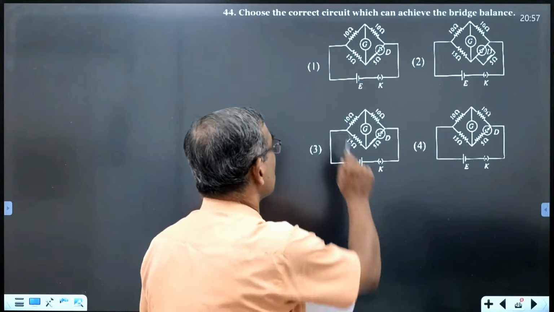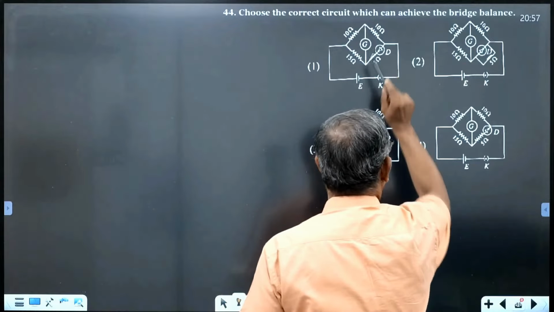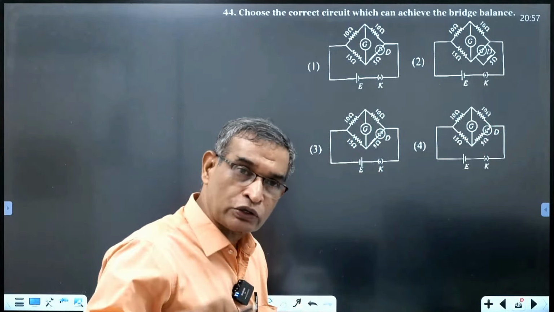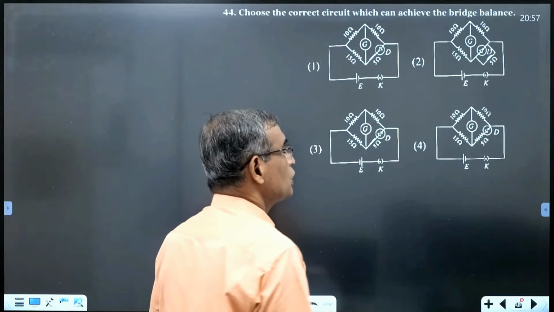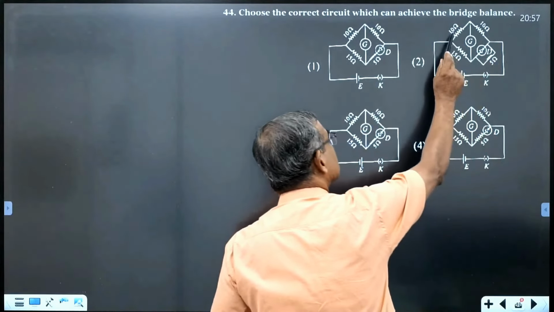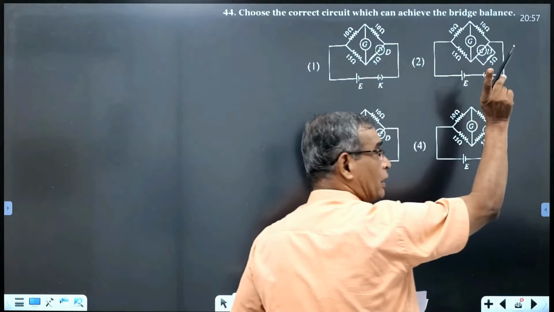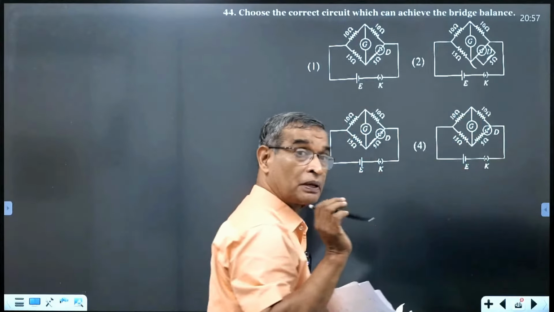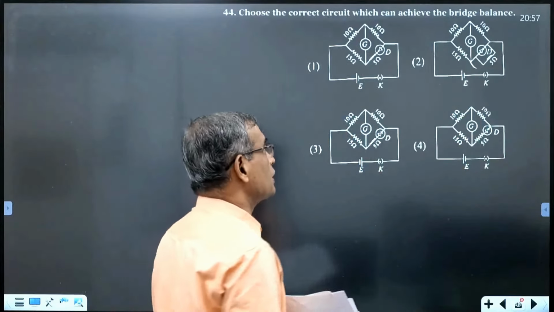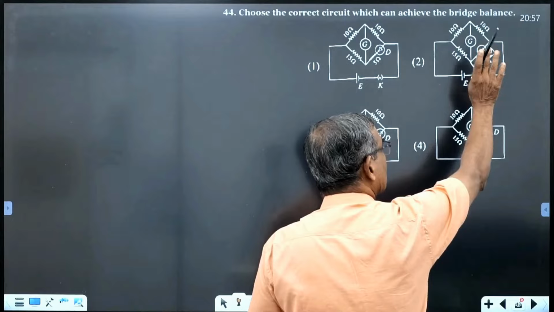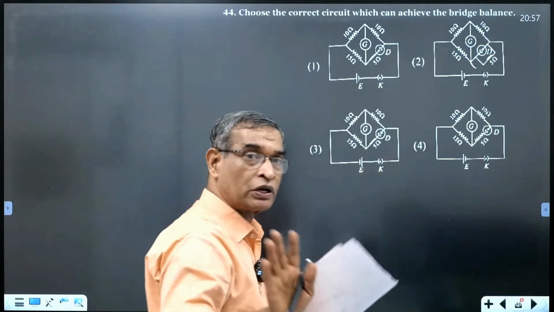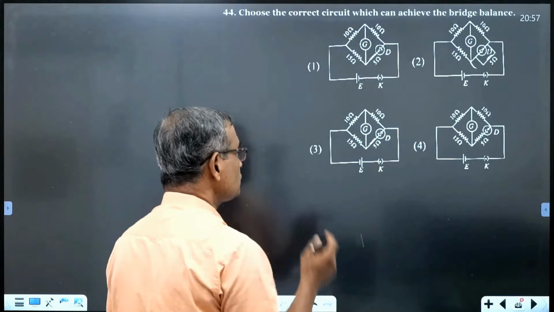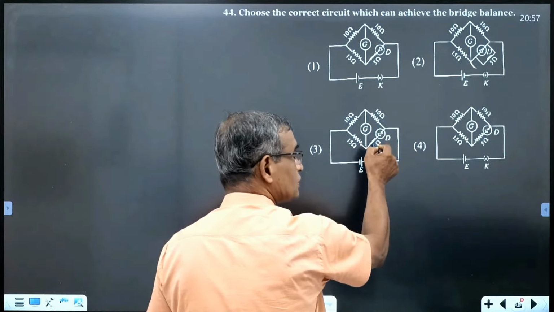Look at this one, it is reverse biased. Here it is 5 ohm in parallel with the diode, and the effective resistance must be less than 5. To balance this circuit, here it is 10 and this is 10, so 10 by 10 is 1. Here it is 15 and the ultimate resistance in this branch is 15. But here, if it is forward biased, the effective resistance is less than 15, not possible. Same is the case with this one, reverse biased, not possible.